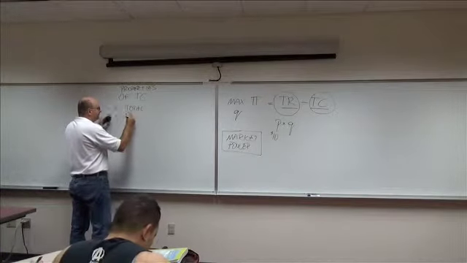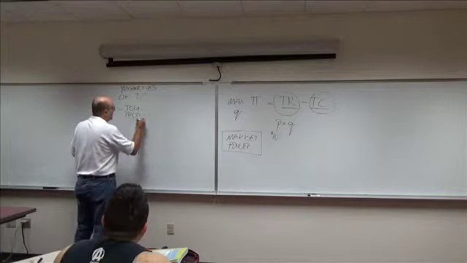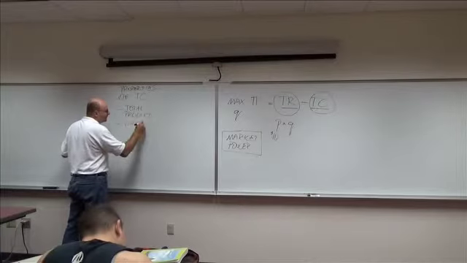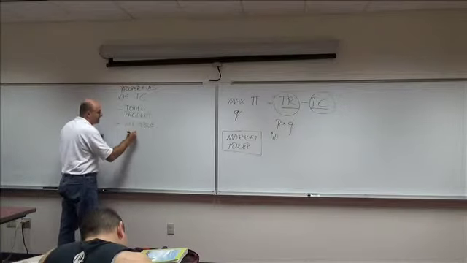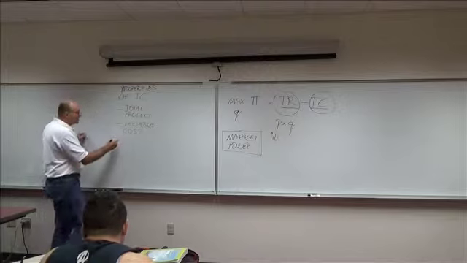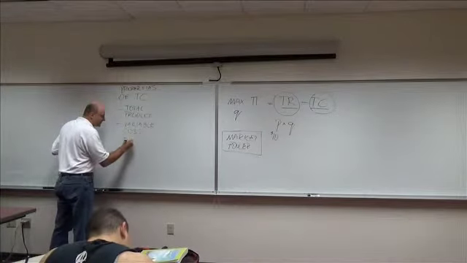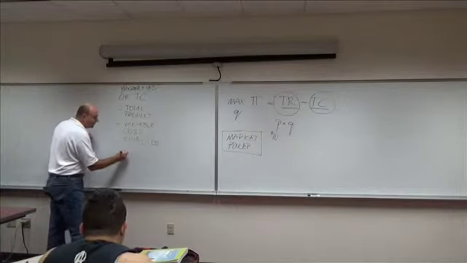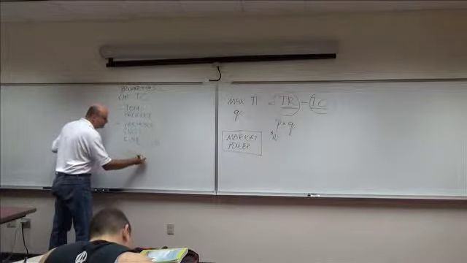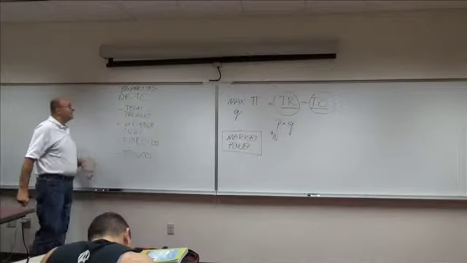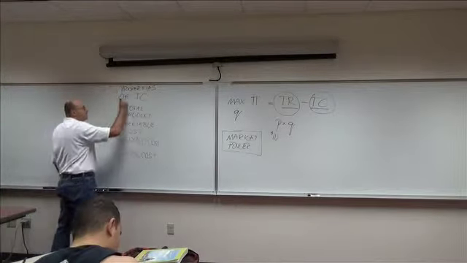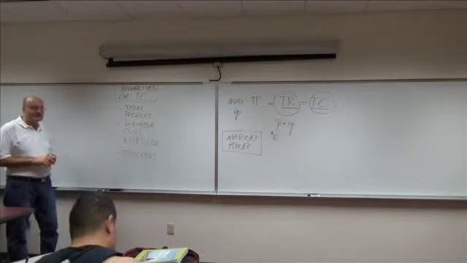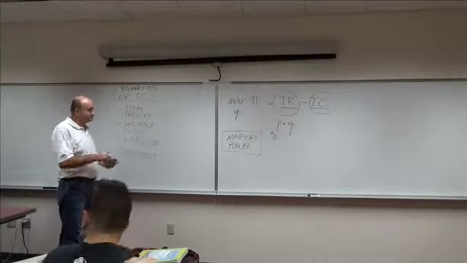Total product. Then we will introduce the concept of variable cost. Then we will introduce the concept of fixed cost. And then total cost. And we will then understand the properties of total cost. Okay? So that's the sequence of ideas as they will develop.